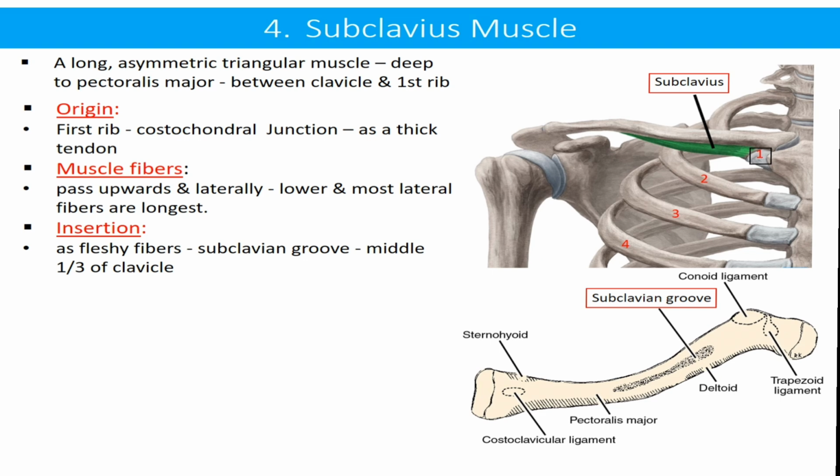It originates from first rib close to costochondral junction as a thick tendon. Muscle fibers pass upward and laterally, and lower and most lateral fibers are the longest ones. These fibers are inserted as fleshy fibers into the subclavian groove.